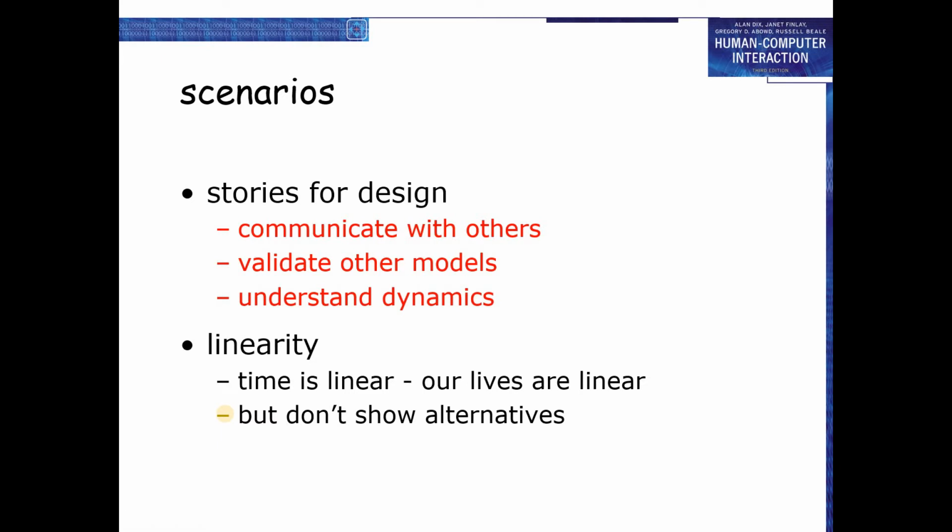But there is one big problem with scenarios. They don't give you alternatives. Alternative means a second option, another option. For example, if one scenario tells you how to wash cotton in a washing machine, then you cannot use that scenario to know how to use another type of cloth.